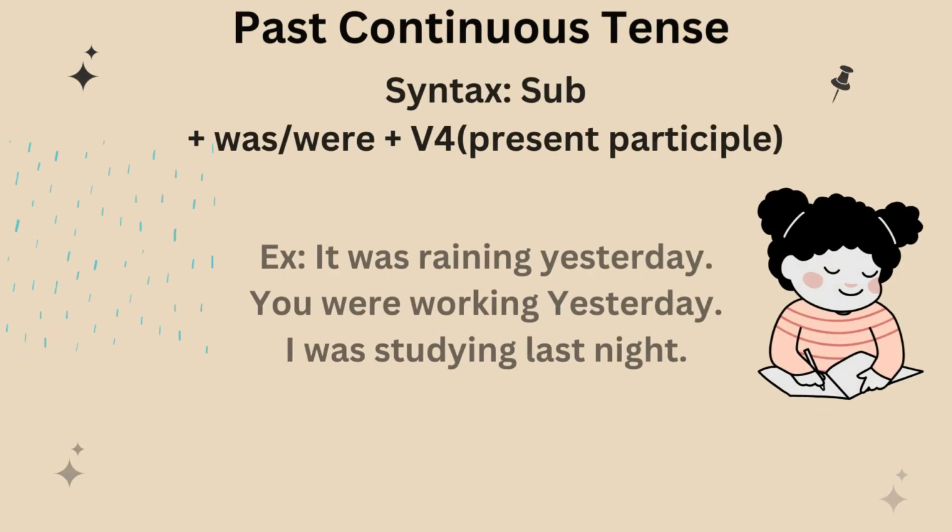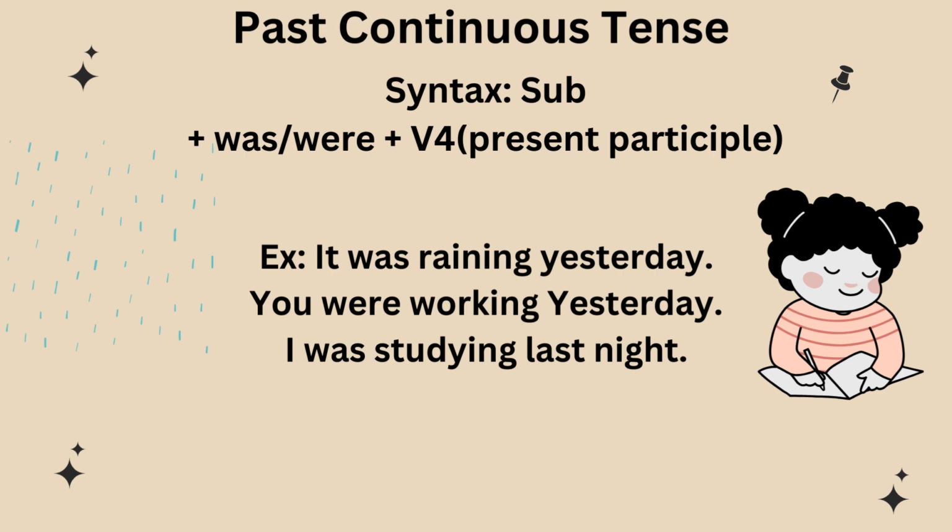Coming to the past continuous tense, the second tense in the past tense. That means the actions were progressive in the past time, not in the present. If the actions are progressive in the present, that means present continuous tense.